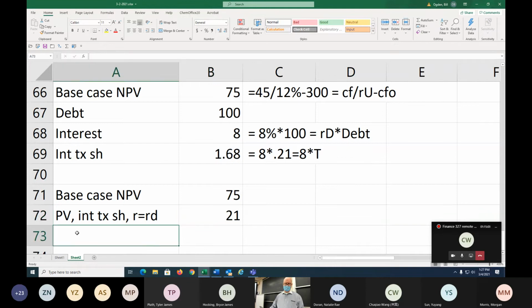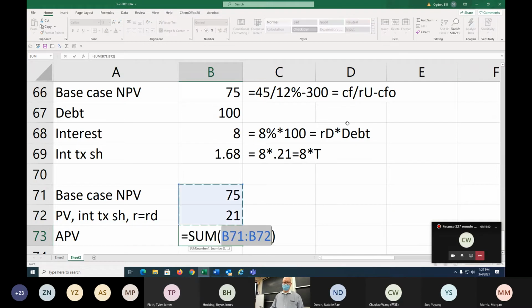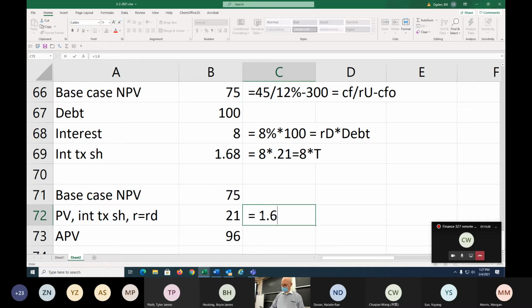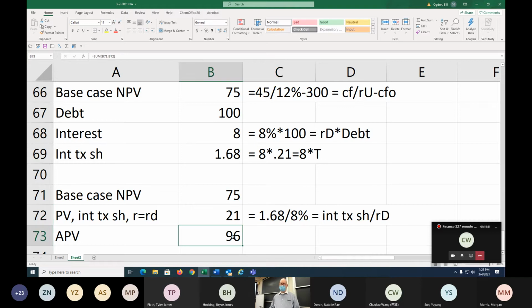I add these together. All right. So there's your APV.